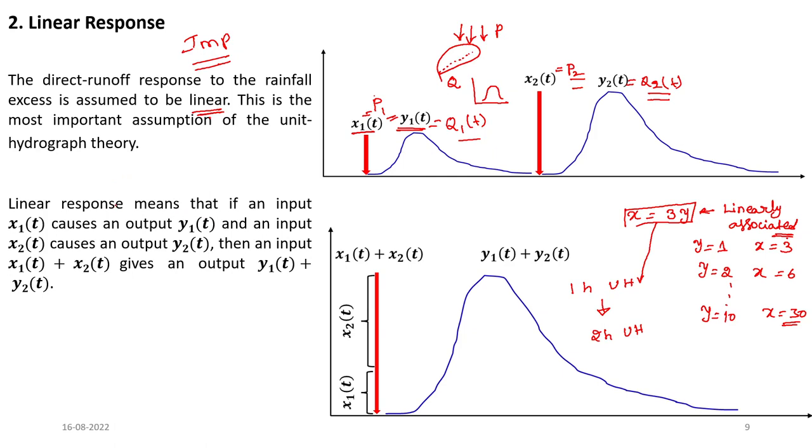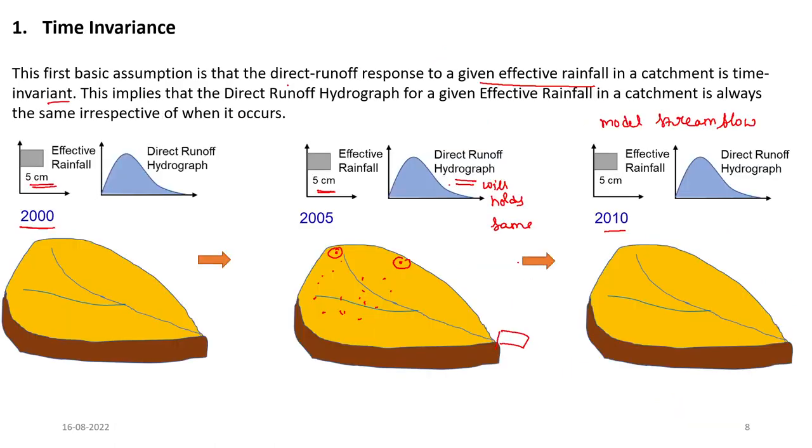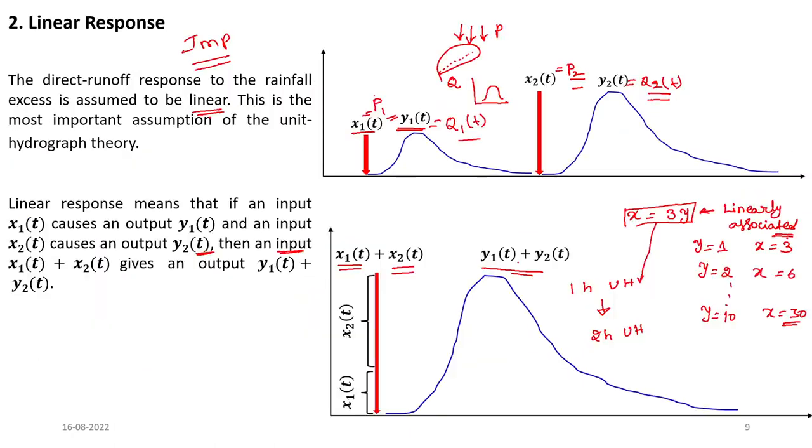Linear response means that if an input x1(t) causes an output y1(t) and an input x2(t) causes an output y2(t), then an input of x1(t) plus x2(t) will cause an output of y1(t) plus y2(t). So what are the two assumptions? One is time invariance, another is linear response.